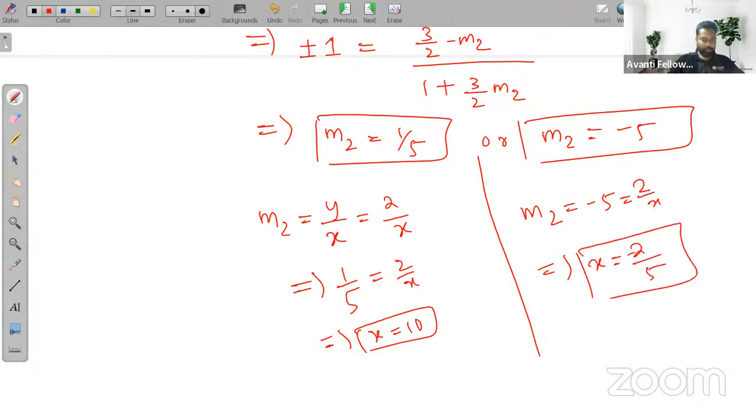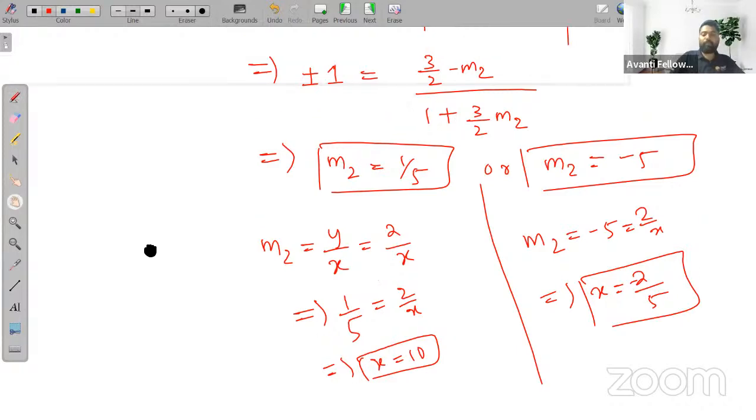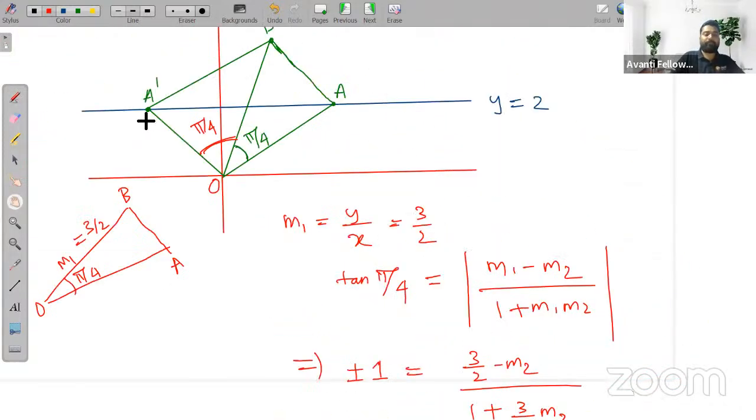So x is equal to -2/5, and also x is equal to 10. This coordinate will be (-2/5, 2) and this will be (10, 2). Because y is equal to 2, the y coordinate will be 2, and the x coordinate is -2/5 on the negative side and 10 on the positive side.